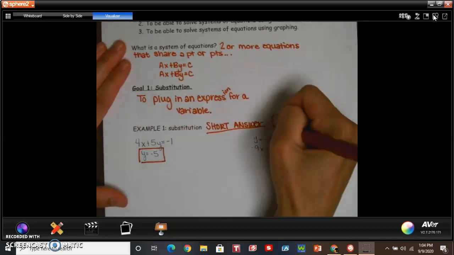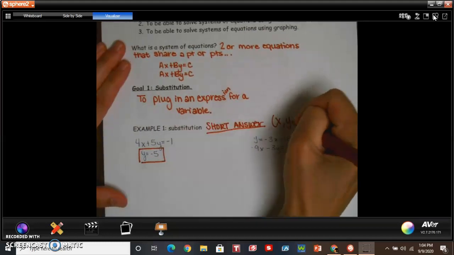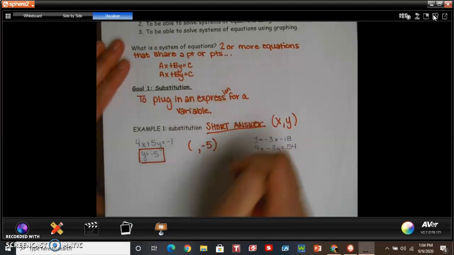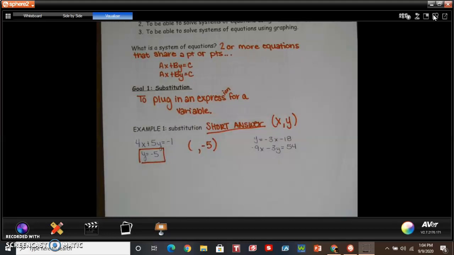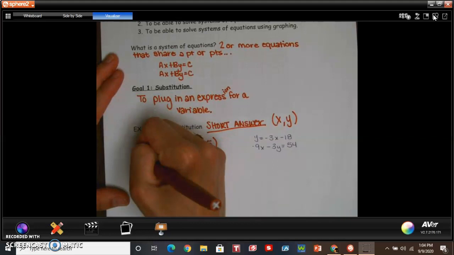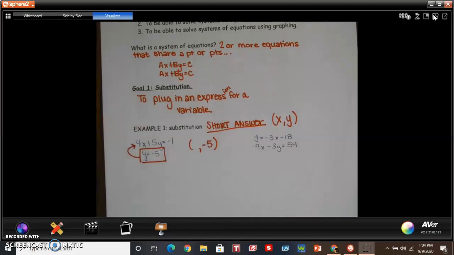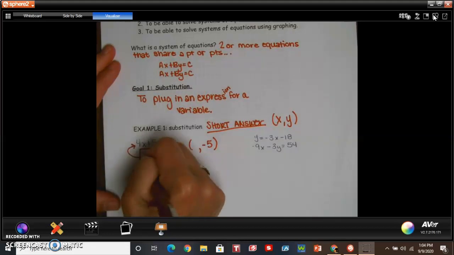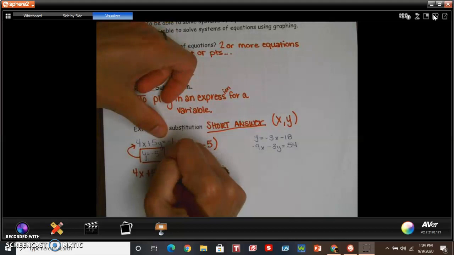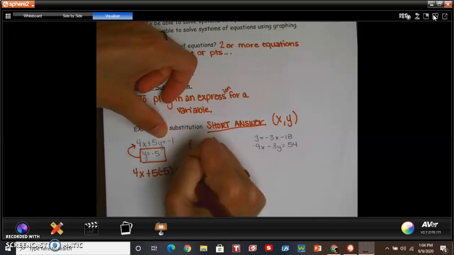And all your answers are going to be in this format, x, comma, y. So we already know -5 goes in for y. So how do we find what our x answer is? Well, we're going to take this, and anywhere there's a y, we're going to substitute in a -5 in the other equation. So now we have 4x plus 5, and instead of y, we're going to write in -5 equals -1.